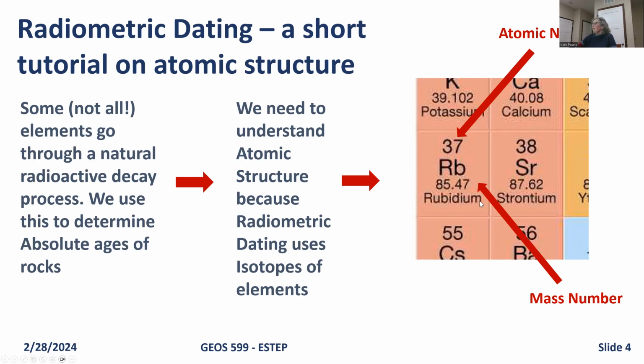First of all, how do we read the information from the periodic table? This little square for rubidium has a couple of numbers in it. The number up at the top is called the atomic number, and the number down below is called the mass number. Now, let's dive into atomic structure, and then these numbers will make a little more sense to you.